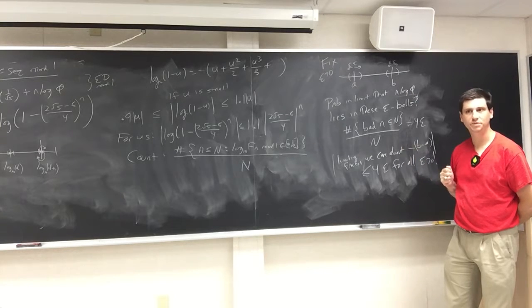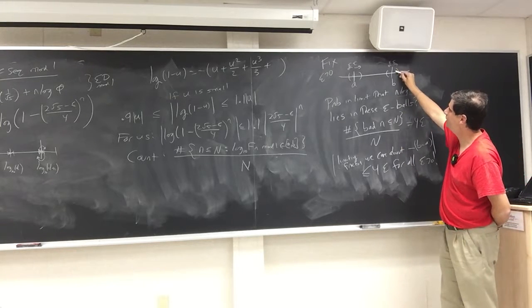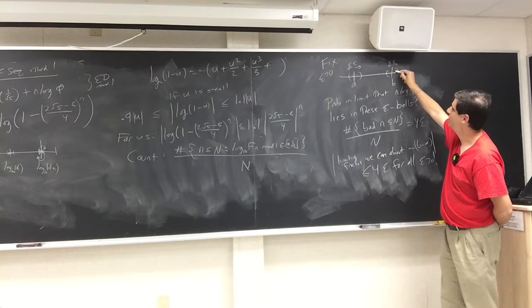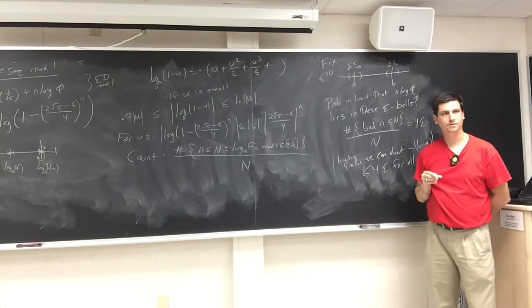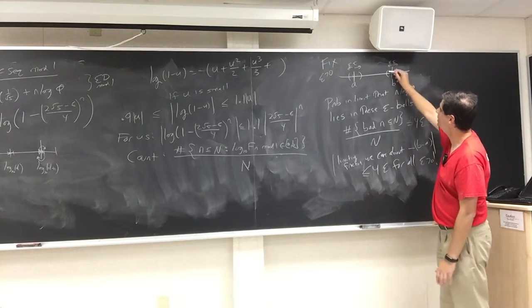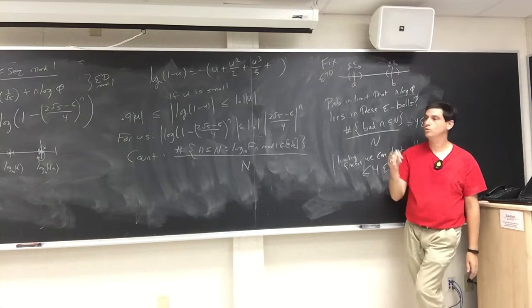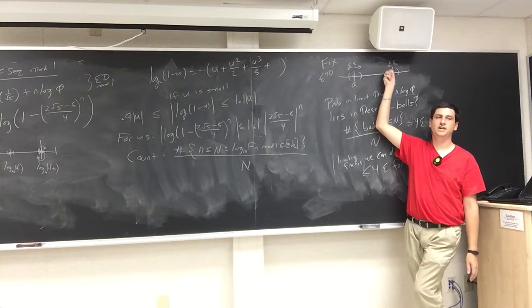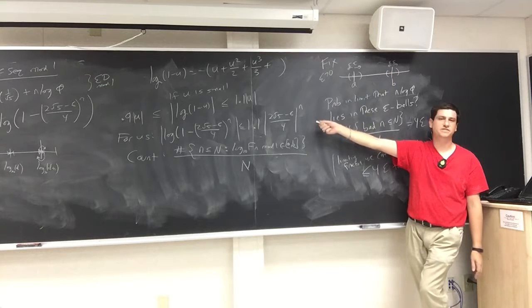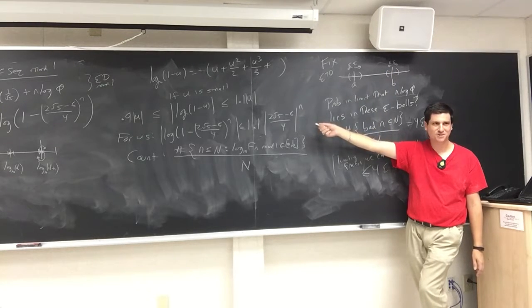Not all of those will be bad, because if we've landed over here, once n is huge, it's not going to be enough to shift it over. Similarly, if we're over here, it's not going to be enough to shift it past. The other thing, of course, is you could land in here. This term is half the time negative, half the time positive.